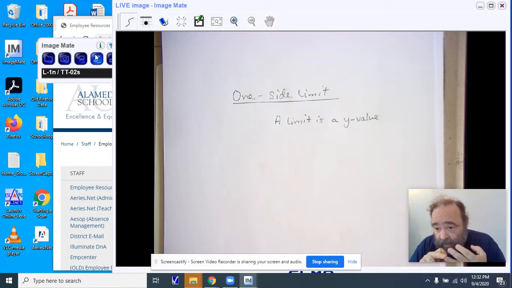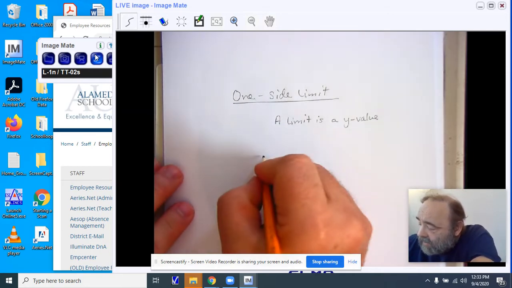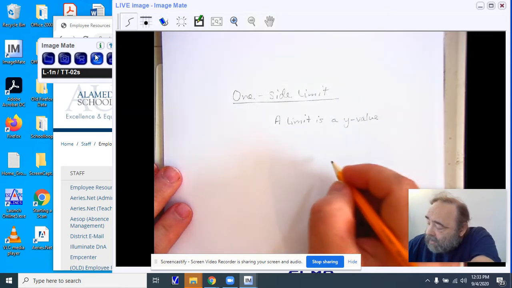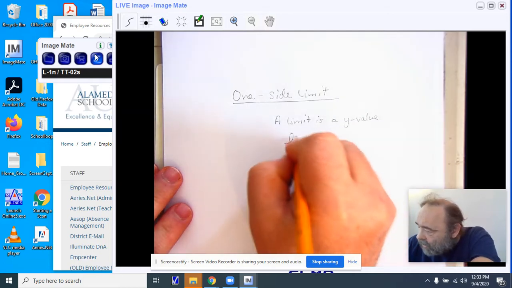Three different ways. Numerically means we have to make a table of values. Algebraically means that we're working with our algebra skills, and graphically means that we're looking at it from a visual perspective. Now, obviously, the easiest is the visual, so let's just make sure we get our notation.